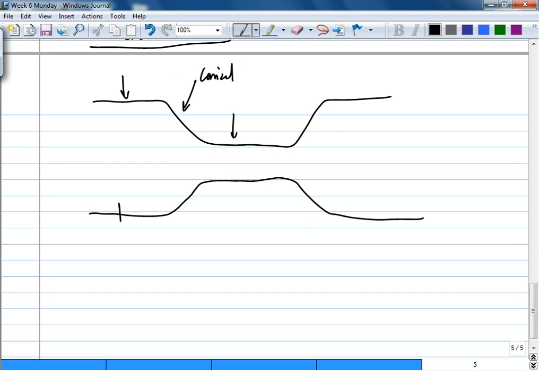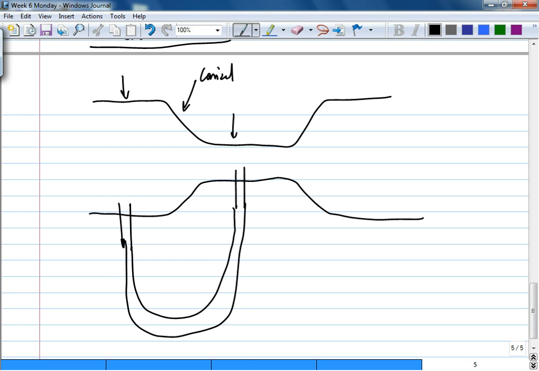So we normally measure the pressure here and the pressure here, and we put that into a manometer. Do you expect the pressure higher here or here?